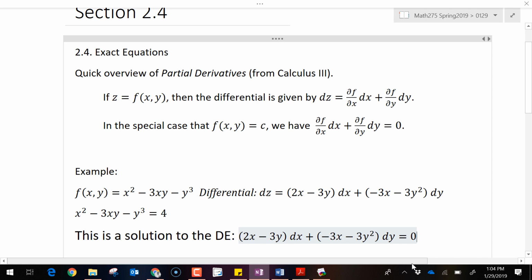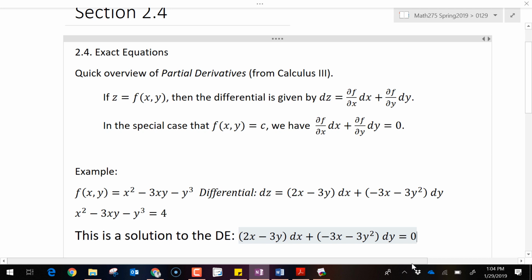So what we kind of did there is we went backwards. Now, in our problems, we would normally be given these differential equations, and then we have to go backwards and find a solution. But I just wanted to show you where this idea comes from.